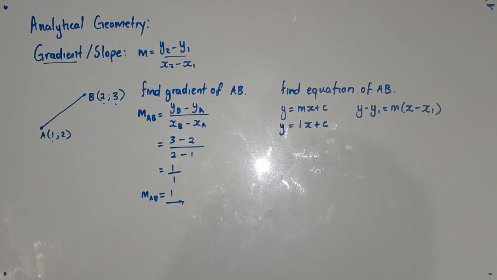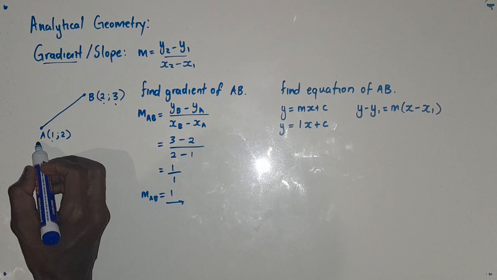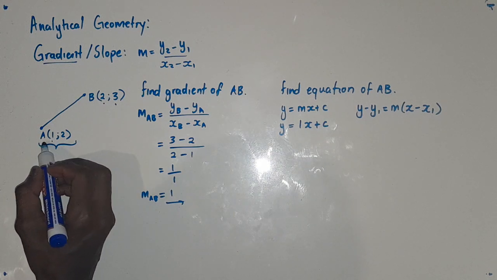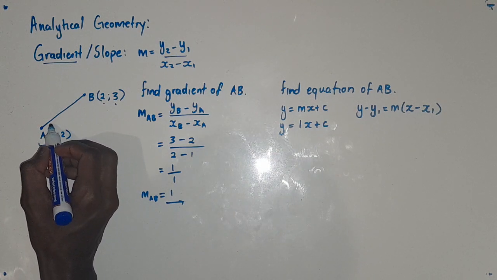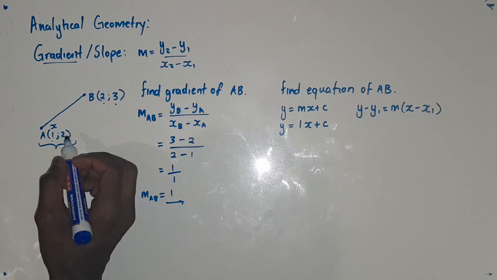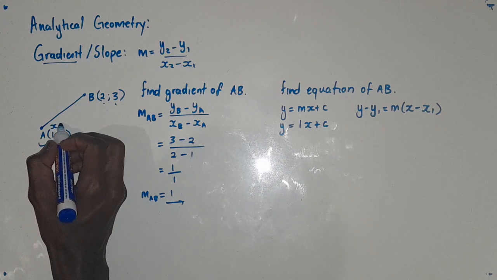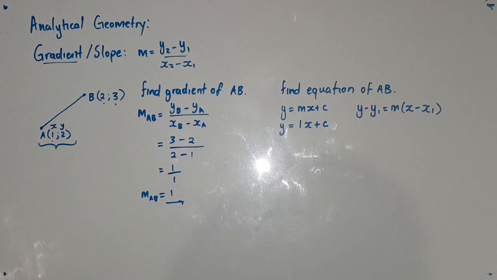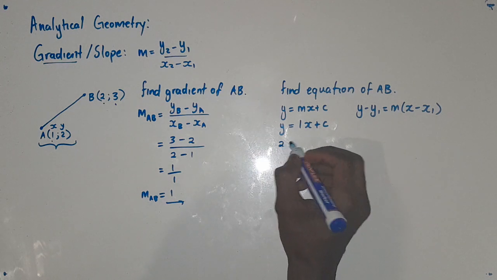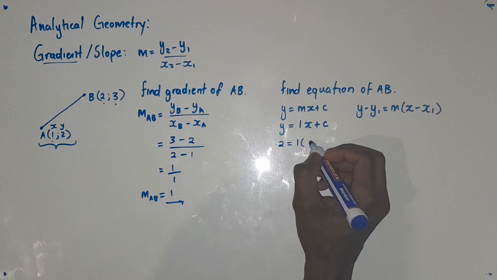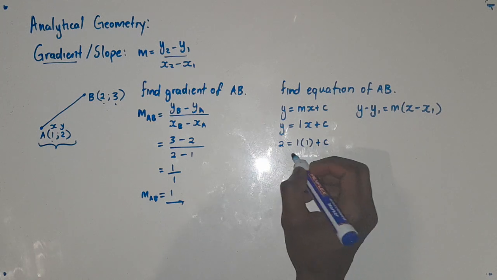Then when you arrive at this stage, you can then go and identify one point that you will substitute. The point that we're going to take is this one, where our x is going to be 1, our y is going to be 2. Like this, 2 equals 1 times 1 plus c.